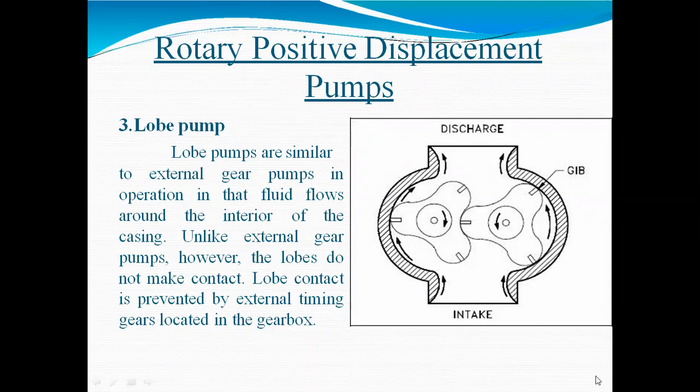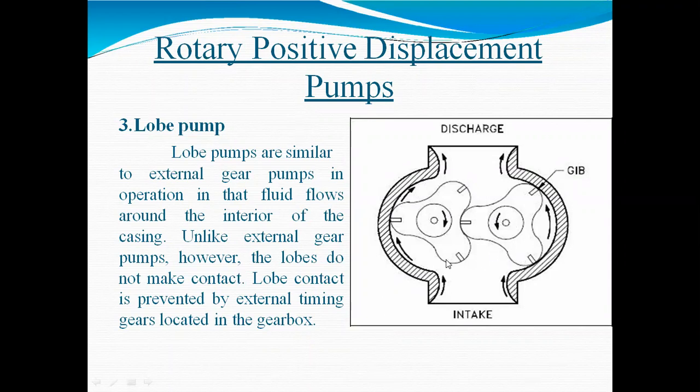Okay, so here this is the periphery of the lobe, just similar to your gear pump. The only difference is that there is a limited number of teeth. You can say that here are the teeth of your gear, so here three teeth.